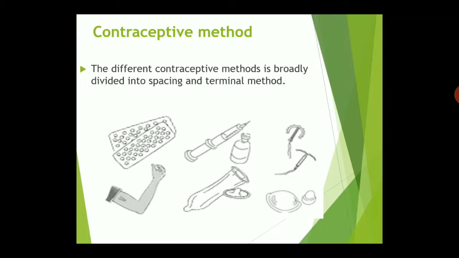Contraceptive methods. The available contraceptive methods are generally divided into two categories: spacing methods and terminal methods. Spacing methods are generally used for birth spacing. Birth spacing is the practice of waiting between pregnancies, whereas terminal methods are permanent methods of sterilization that prevent pregnancy permanently.